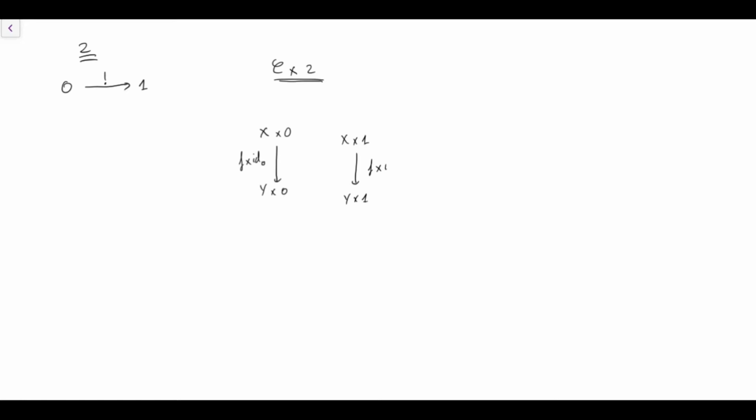For instance, from x cross 0 to y cross 0, we have f, which maps x to y, and identity 0, which maps 0 to 0. And likewise, we have f cross identity 1. And also, we have those identity x cross bang, which means just go forward in time.